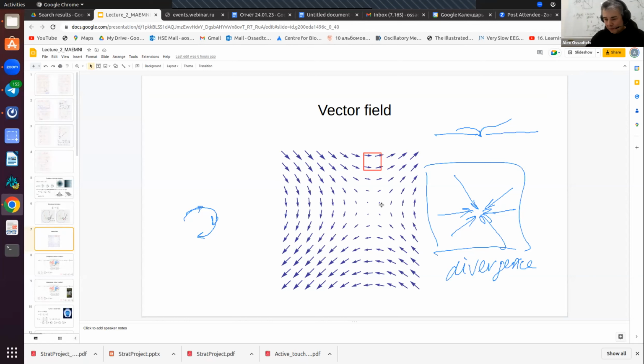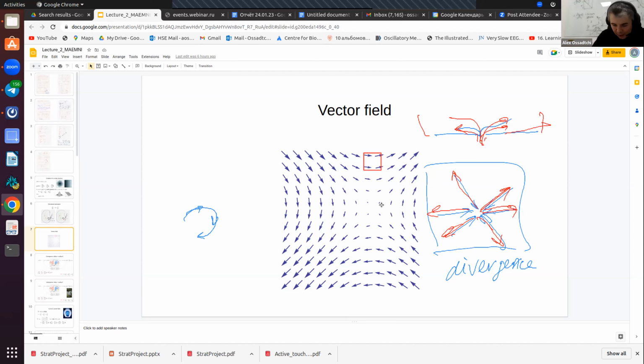This one is negative divergence, or else it can be positive divergence, because if you assume that your vector field goes in this direction, you have a spring here influxing water into your well, and therefore the field lines will diverge. That's why it's called divergence.